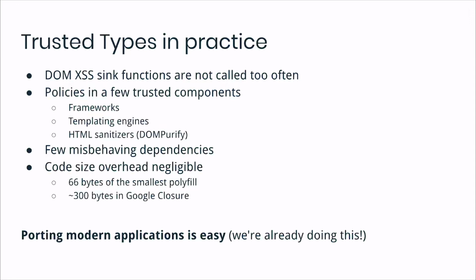Usually you have some dependencies, and most of them are actually easy to migrate to trusted types. So you end up creating policies in a very few trusted components, like your templating library, a framework like Angular, as I showed, or the sanitizers.